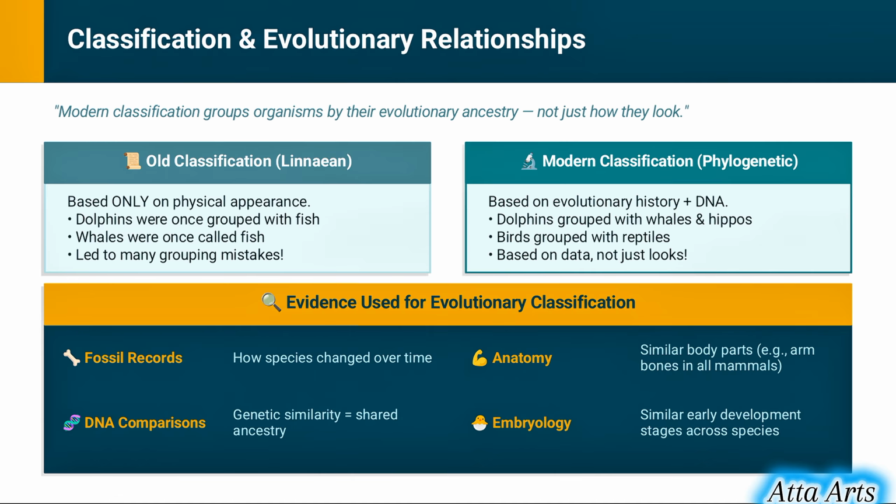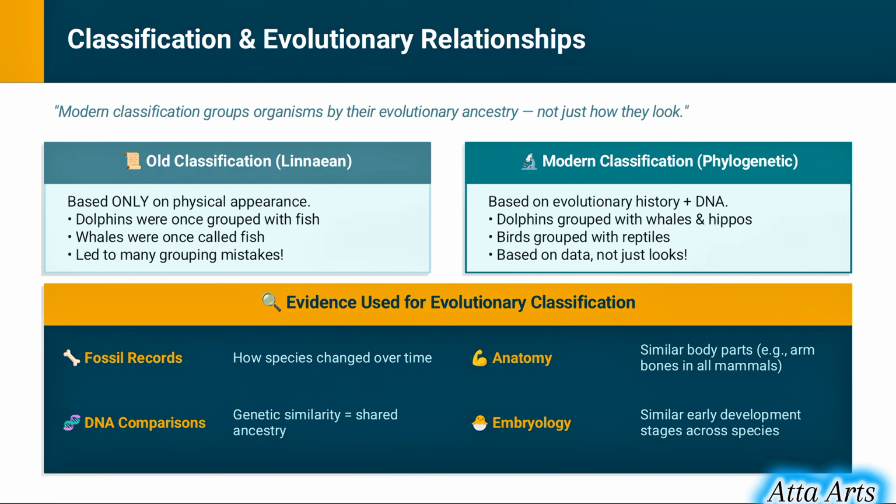Classification and evolutionary relationships. Now we get to a really fascinating topic, evolutionary classification. For a long time, going back to a scientist called Carl Linnaeus, scientists classified organisms mostly by how they looked: physical appearance, body shape, structure. But this led to some big mistakes.